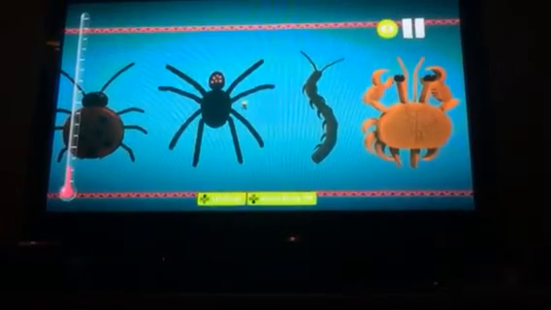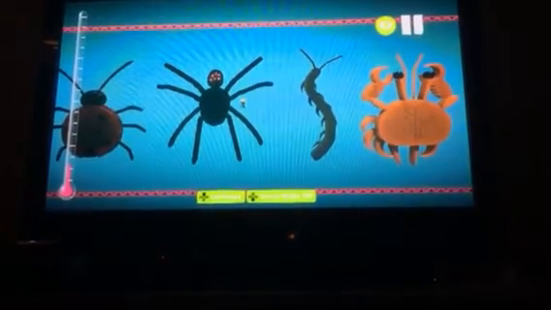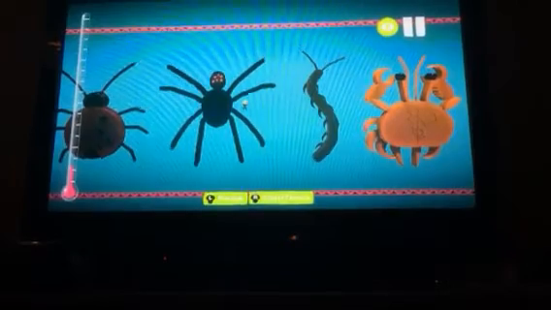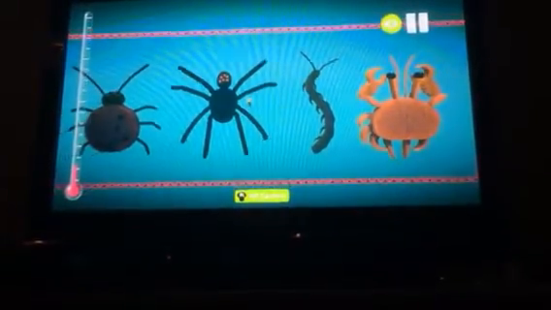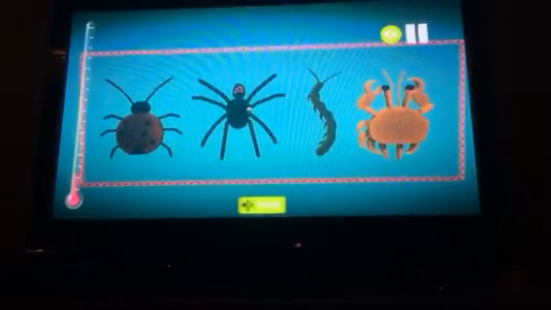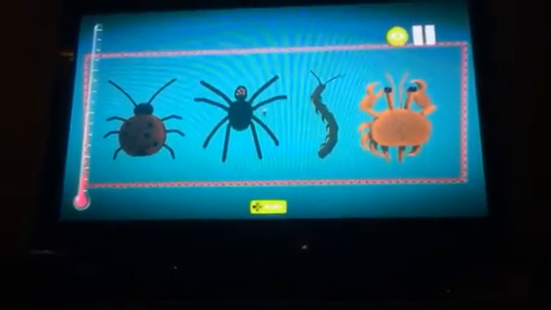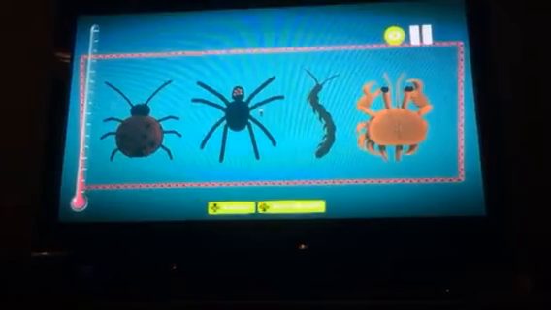And the diversity of these guys is enormous. Scientists have identified more than 1 million species of arthropods. So they're pretty incredible, extremely diverse, and extremely large in numbers.